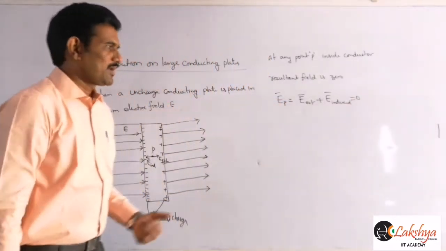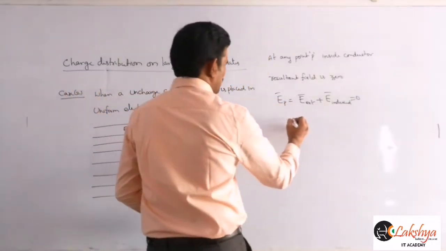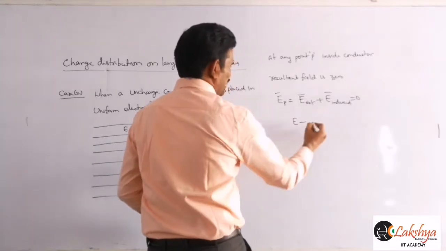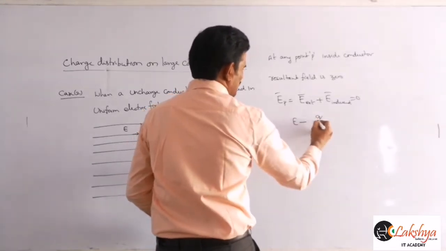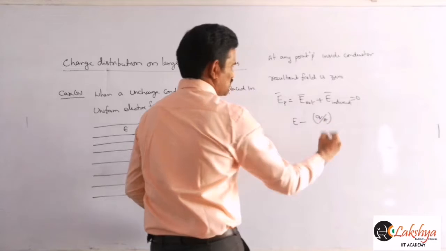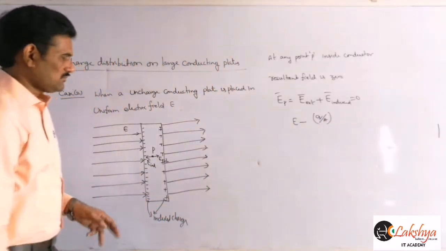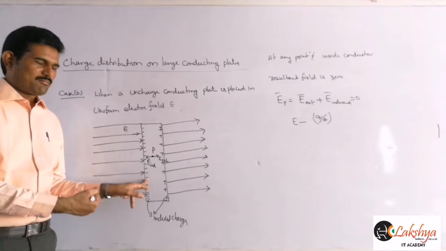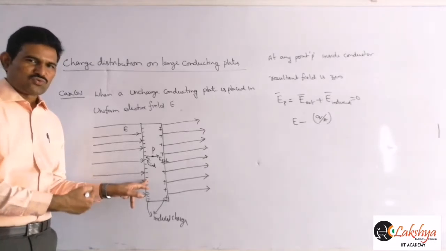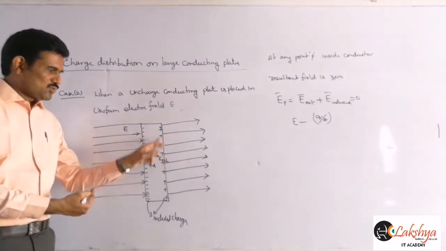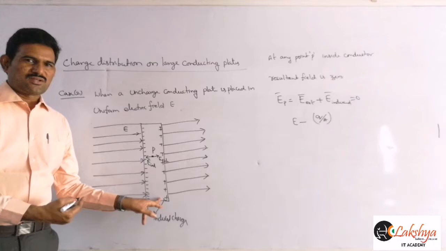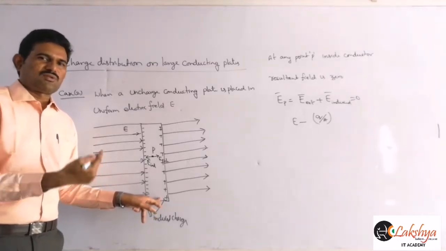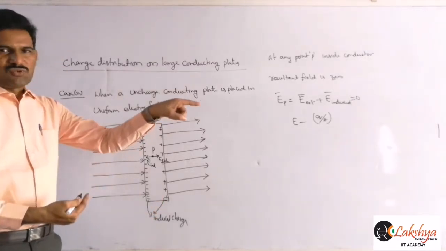If I write the magnitude, suppose Q is the charge present on the surface, so E minus Q by A, that means sigma by 2 epsilon naught, and due to the other charge also sigma by 2 epsilon naught. So sigma by 2 epsilon naught plus sigma by 2 epsilon naught will be sigma by epsilon naught. That is what I am going to write here.